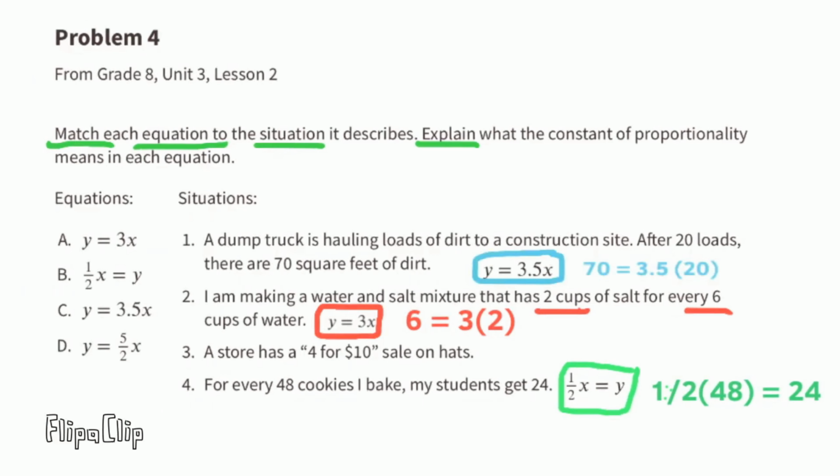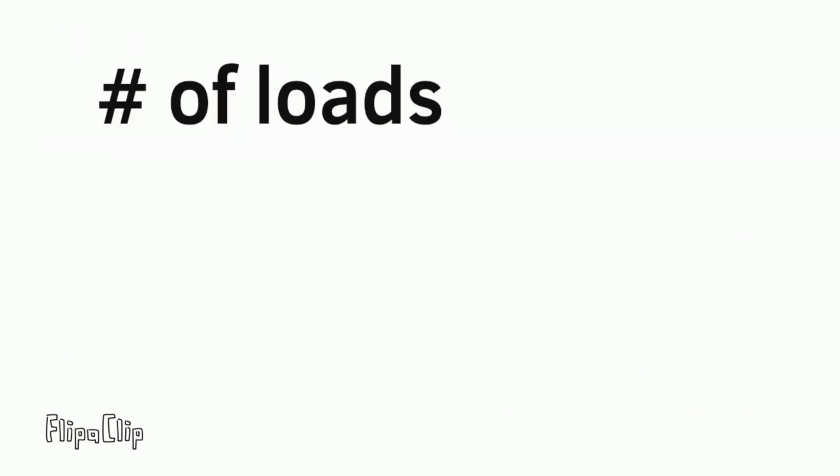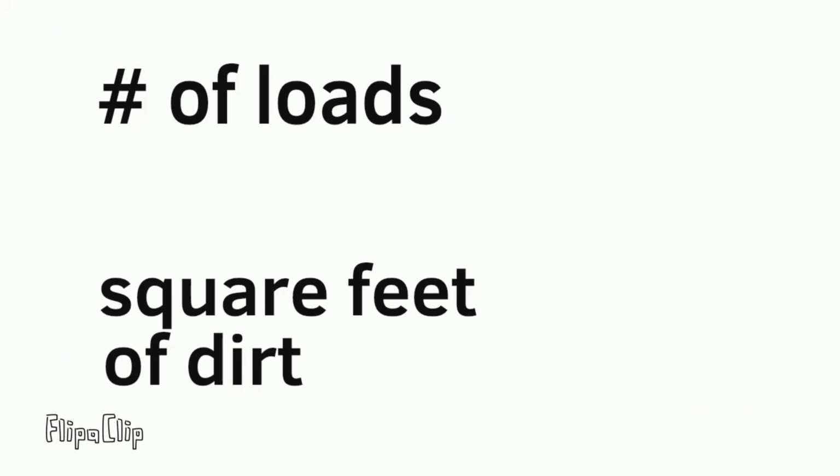Equation C is a match with situation 1. A dump truck is hauling loads of dirt to a construction site. After 20 loads, there are 70 square feet of dirt. There are the number of loads and square feet of dirt. When the number of loads is 20, the square feet of dirt is 70.